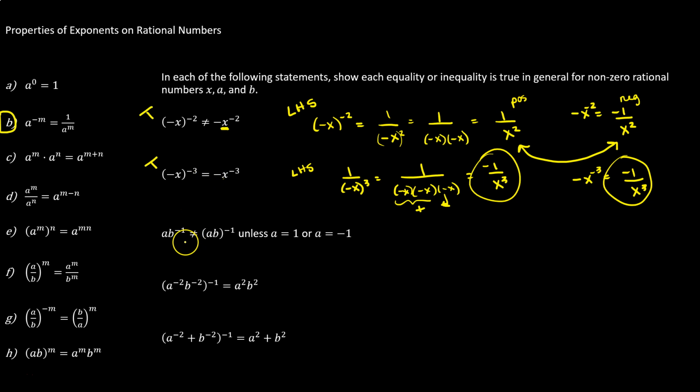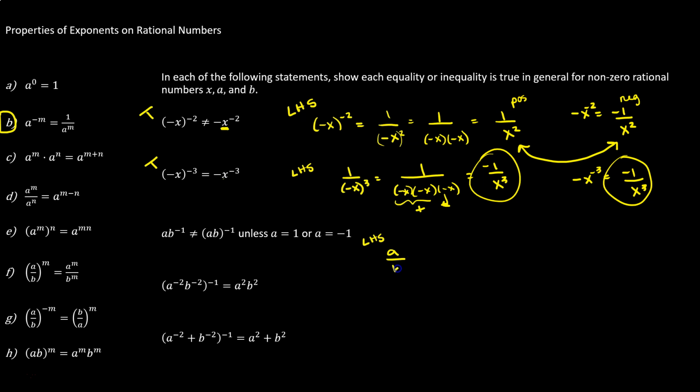Let's take a look at the third one. We have AB to the negative 1. We're showing it's not equal to AB inside of parentheses to the negative 1. For this one, we will use that same rule from part B. So if we look at our left-hand side, we can see that it's only the B that has the negative 1 applied to it.